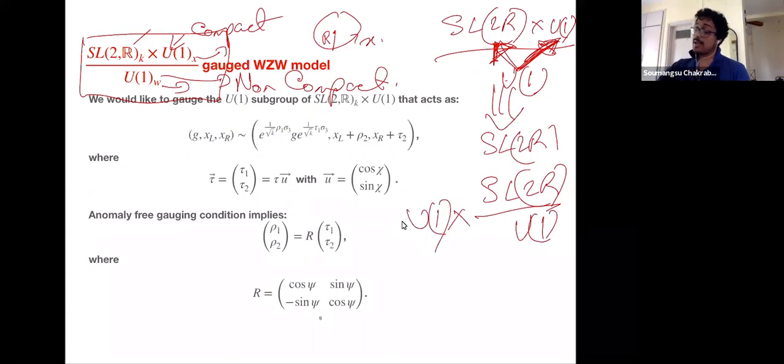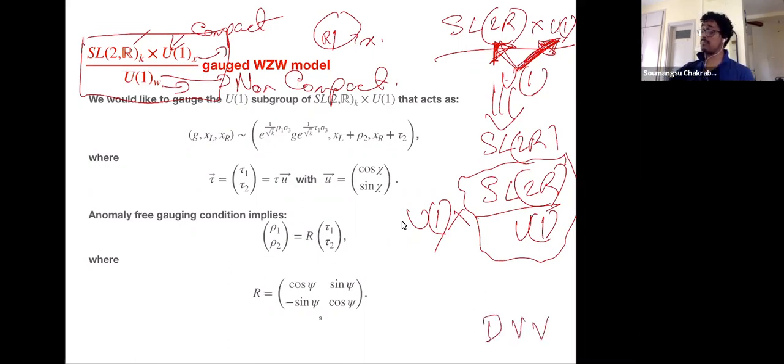So just by changing the gauge angles, I mean how it acts here and how it acts here, you can interpolate between SL2R and some SL2R over U1 coset models that have been studied maybe 30 years ago by many people, by Dijkgraaf, Verlinde, and many others. Witten wrote a paper on black holes in string theory, and some other papers as well.